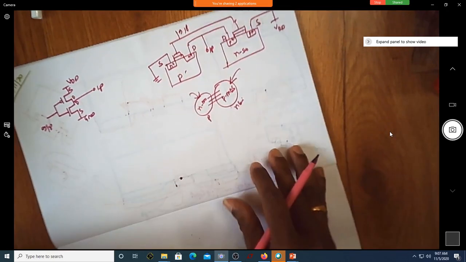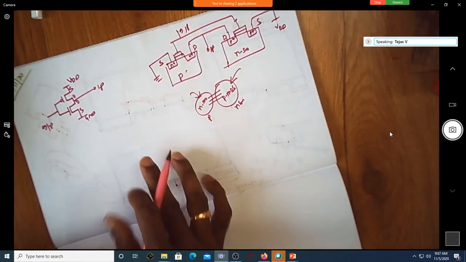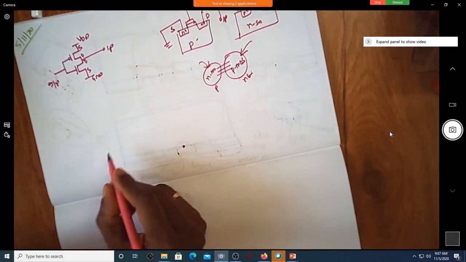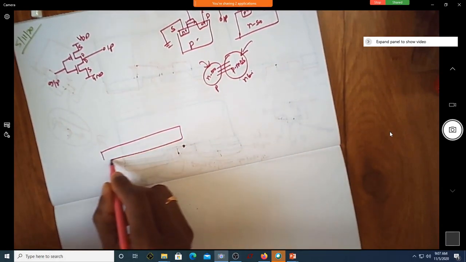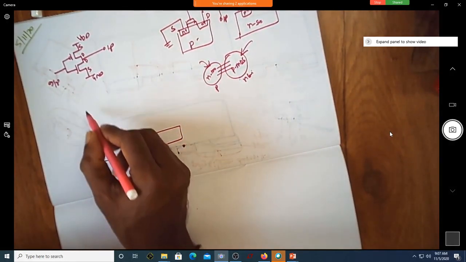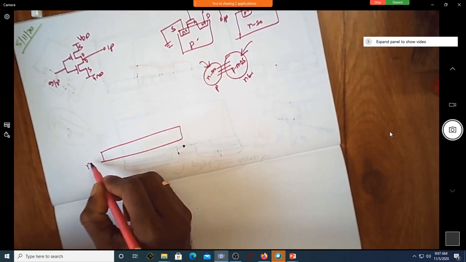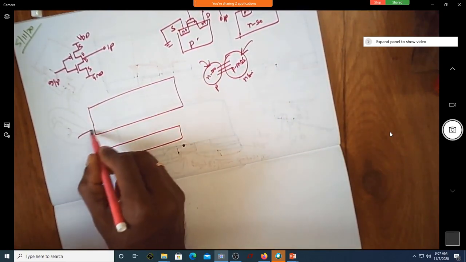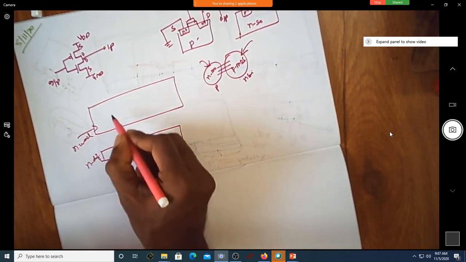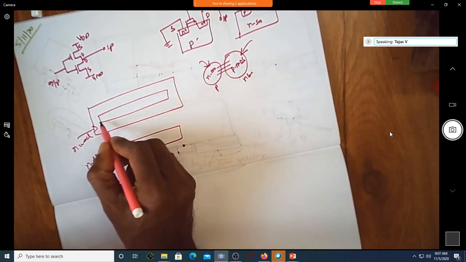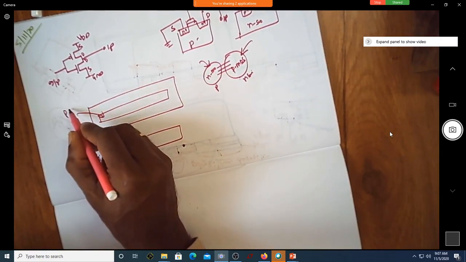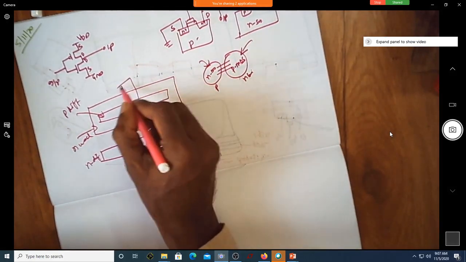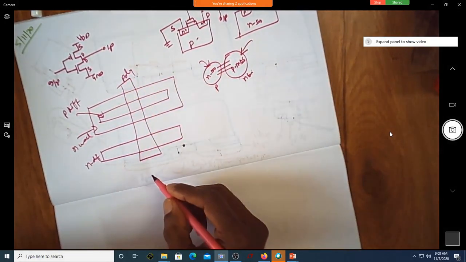Yes, sir. We considered the background of Microwind as P substrate. We drew an N diffusion, correct? And then you had an N well, and in that you had a P diffusion, and you just had a polysilicon, correct?